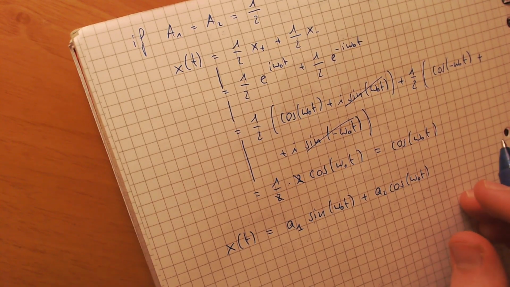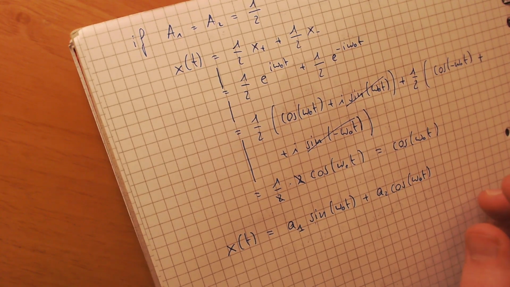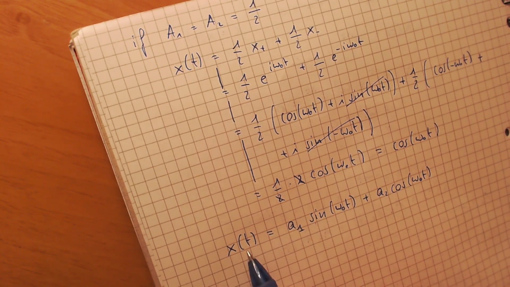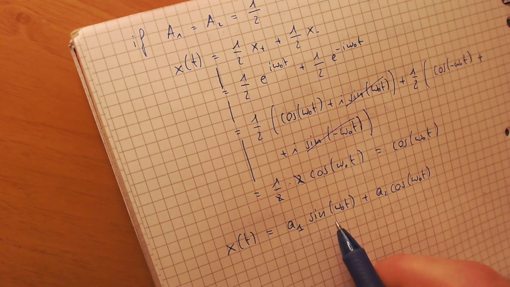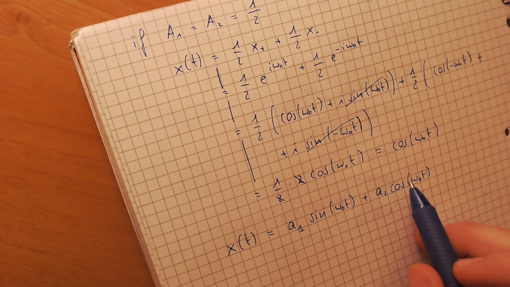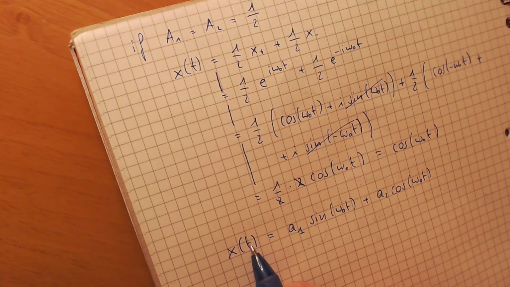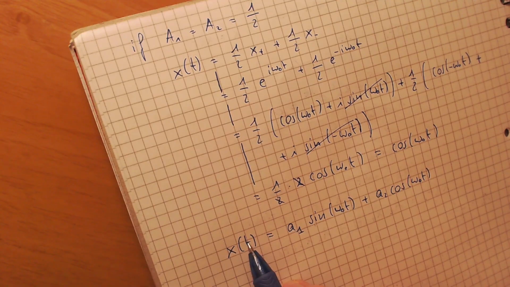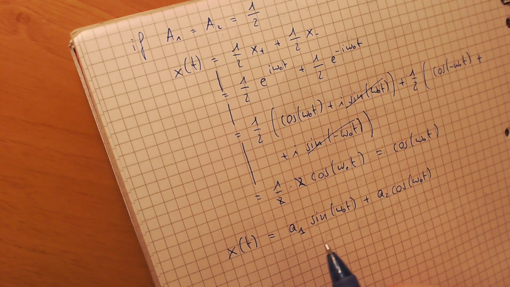So here basically we wrote that the general solution is a combination of this function and this function, and this means that this is the general real solution of the harmonic oscillator.